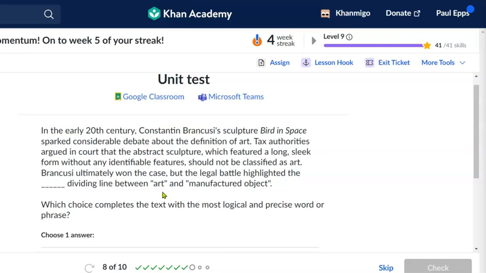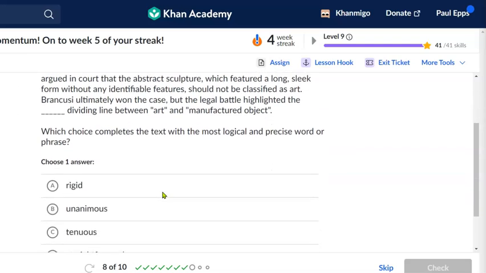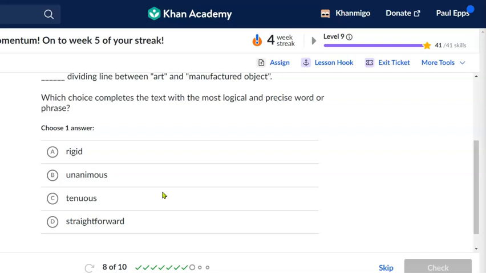Brancusi ultimately won the case, but the legal battle highlighted the blank dividing line between art and manufactured object. I guess it's going to be something like the thin dividing line, something of that nature. Tenuous would be the best choice.